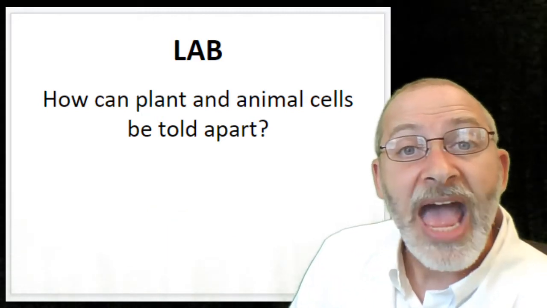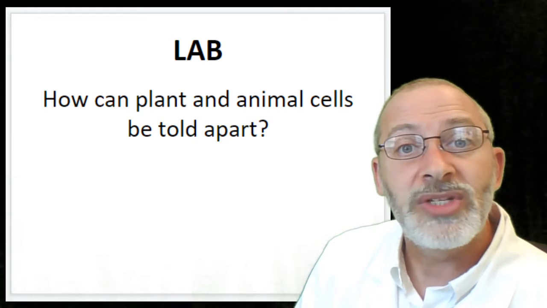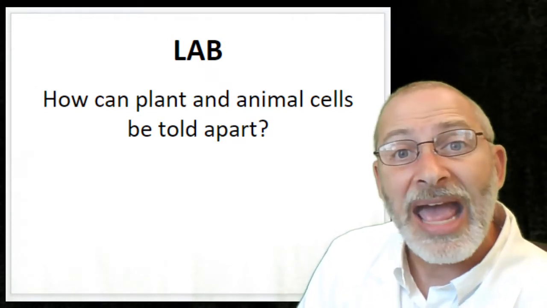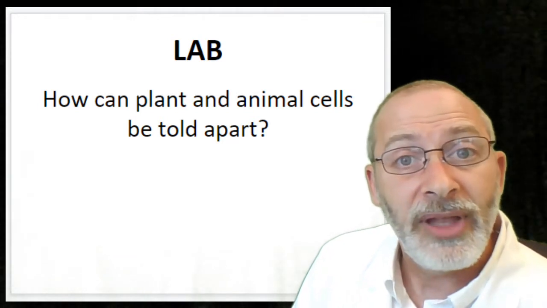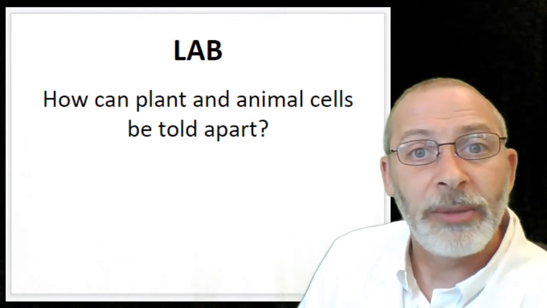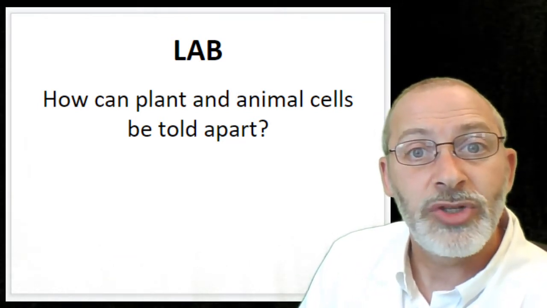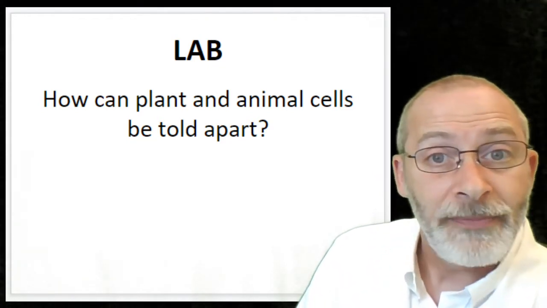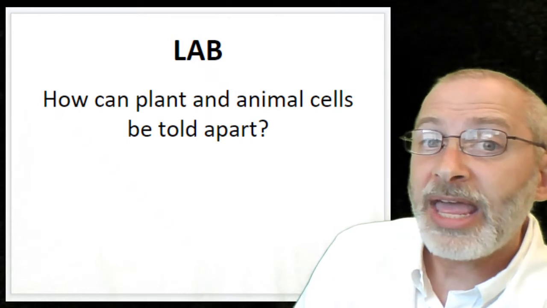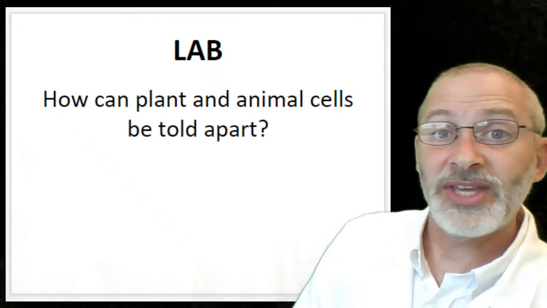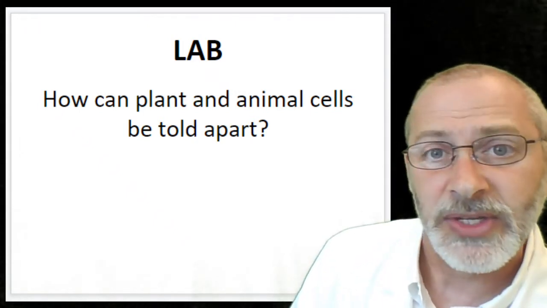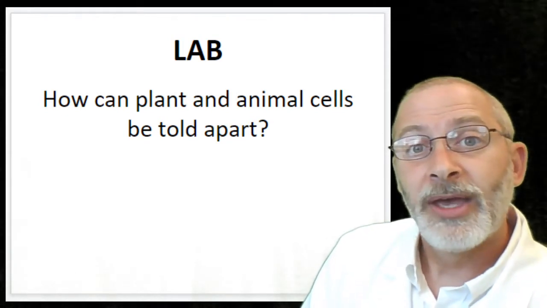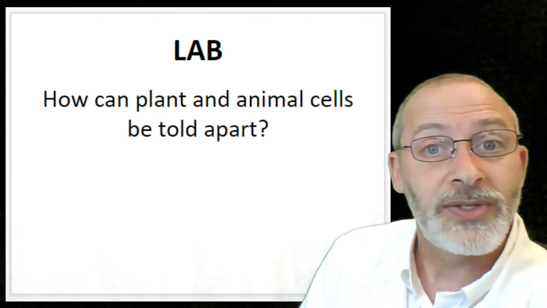What it means is, how can you tell the difference between a plant cell and an animal cell in the lab? How will you be able to tell the difference between the two? I'd like you to take a moment now and write a hypothesis and then share your thoughts with one another while you pause the video.